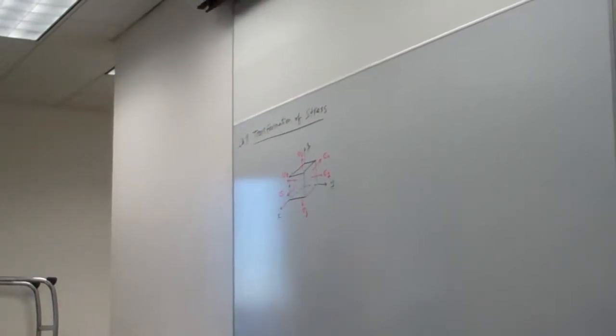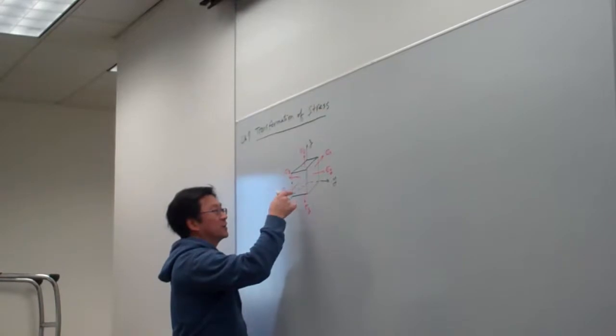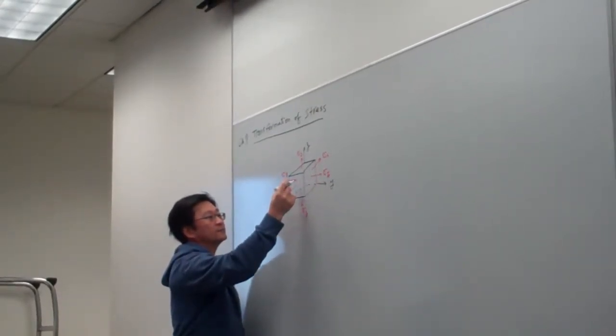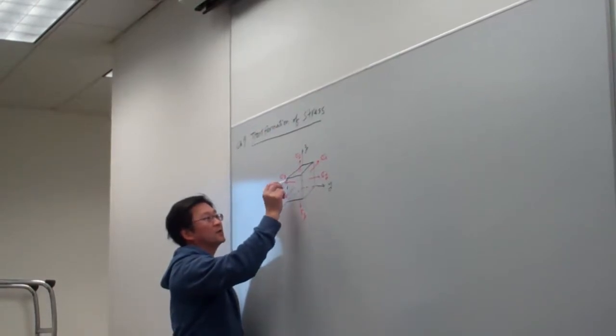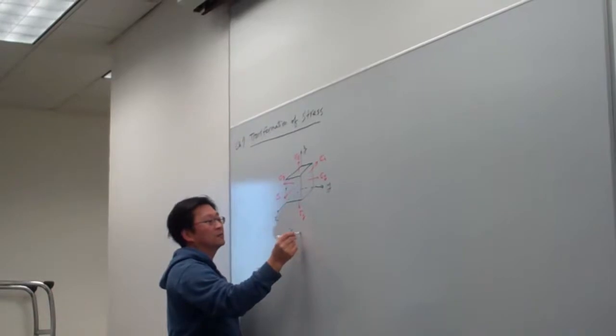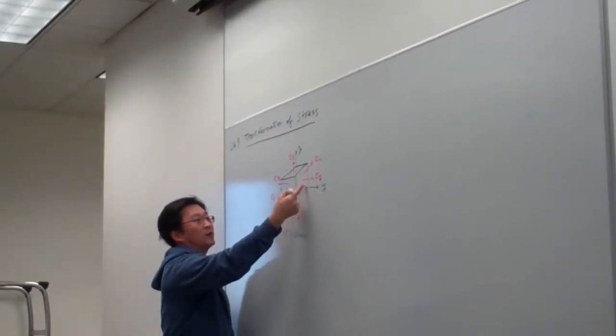And furthermore, you might have the shear stress. For example, the shear stress on the x-plane will be, this one is called the x-plane, and this one has a normal to y, called the y-plane, and the z-plane.